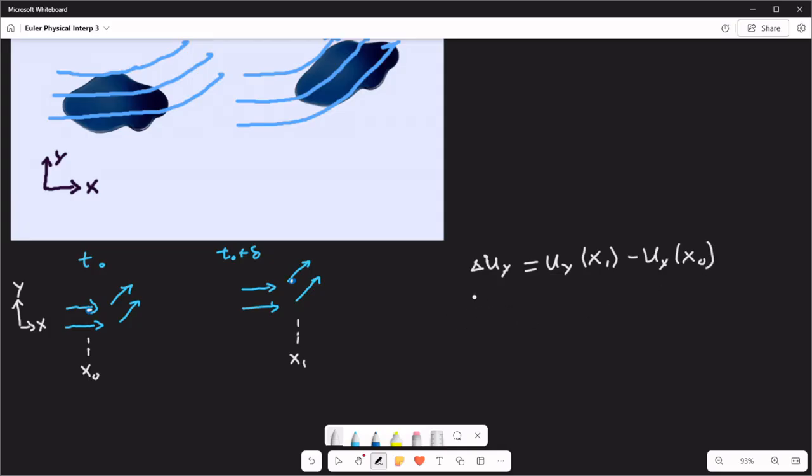Then the change in x equals x1 minus x naught, which is approximately the velocity times delta t, the change in time, times ux. Because this particle is of course being carried along by whatever the fluid velocity is. That's how it's moving. So if the velocity is moving at its own rate, that's how much distance it moved in this little delta time interval.